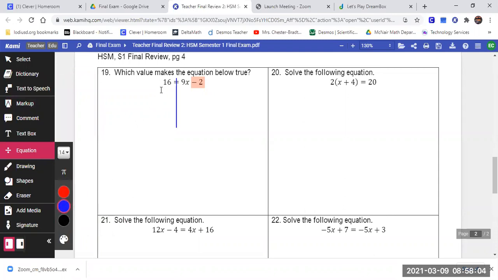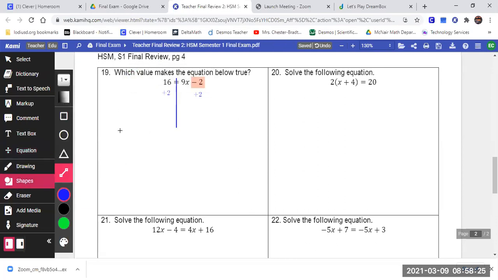So I have to add 2 to my 16, and I also have to add 2 to my -2, because that's what's going to make it big zero out of there. +2, -2, 0. That's the point. Now it's gone because it's 0.